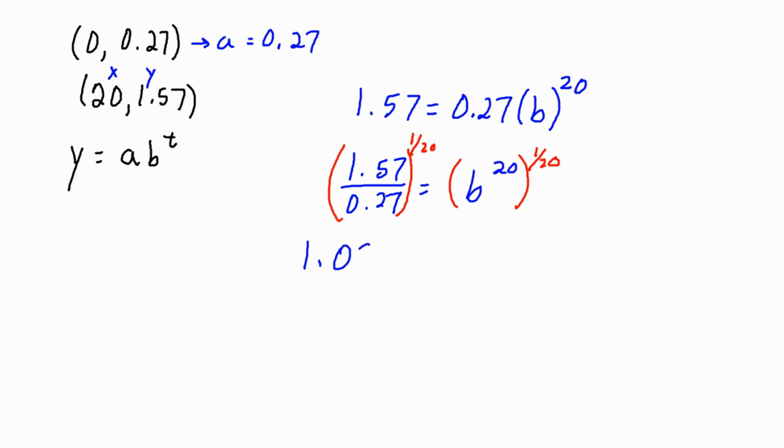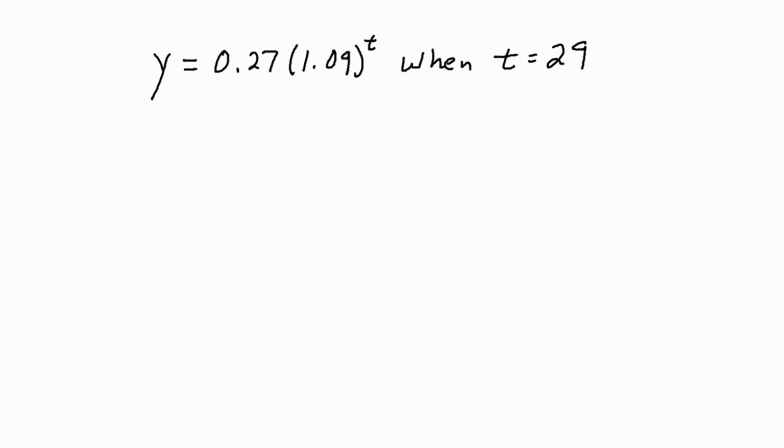So 1.09 equals B. So this means that our equation will be y equals 0.27 times 1.09 to the t power. Now we want to figure out how many bushels that will be in the year 2014. Now that we have our equation, we can substitute for t. Y equals 0.27 times 1.09 to the 29th power.